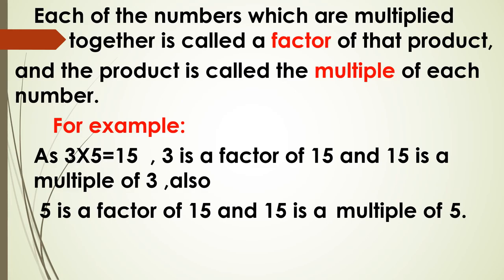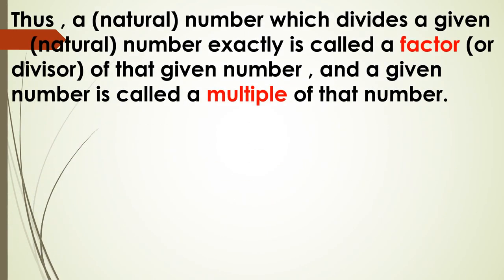So thus, a natural number which divides a given number exactly is called a factor of that given number, and that given number is called a multiple of the other numbers.